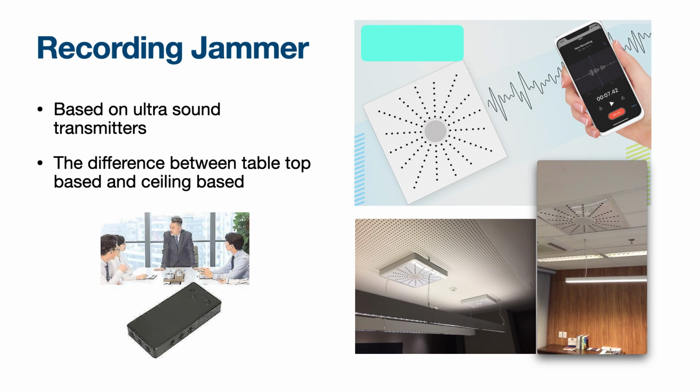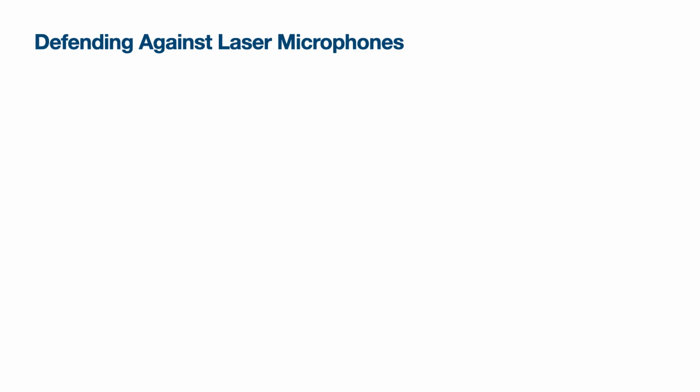And let's see the next one, which is laser microphones. In the espionage technology part of this course, we have seen the operation of the laser microphone, which is based on capturing a returned modulated laser wave, which comes from the windows' vibration made by the sound of the discussions that is being created inside the meeting room.